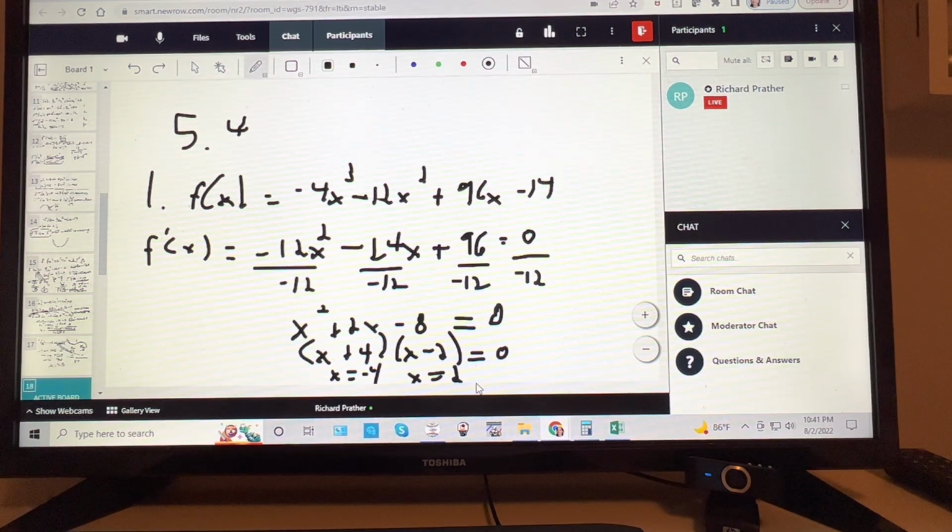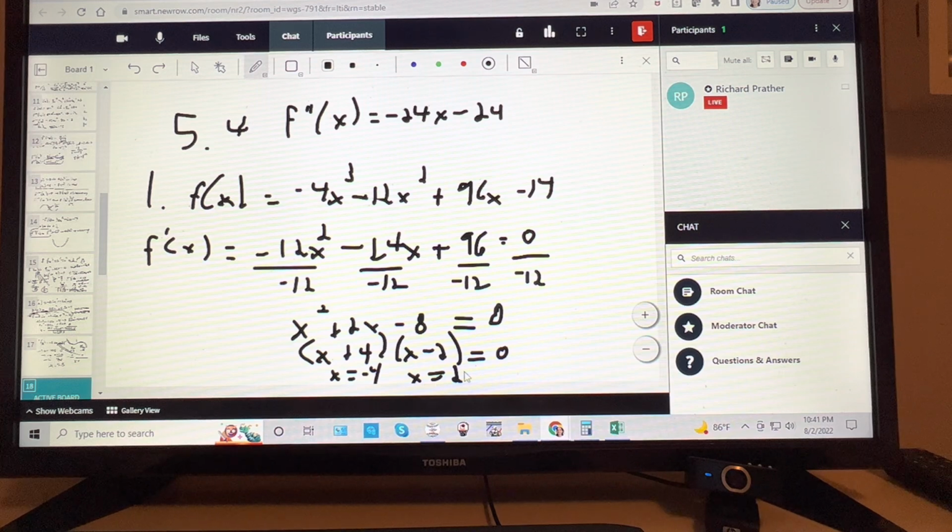If I only cared about local maxes and mins, it would be worthwhile to do the second derivative test, because the first derivative is right here. The second derivative isn't too hard from that. The second derivative would be negative 24x minus 24.